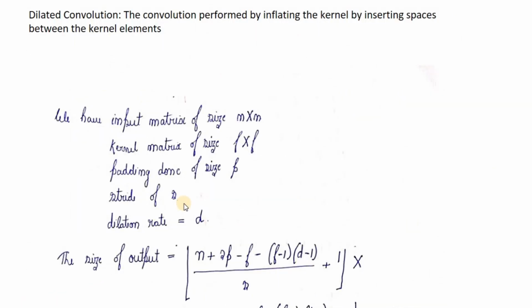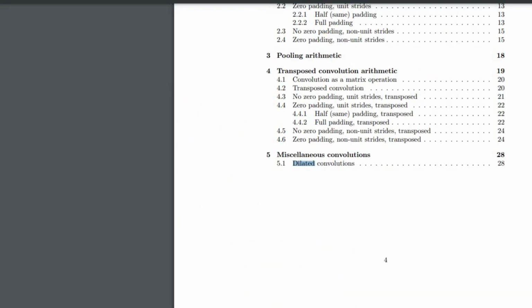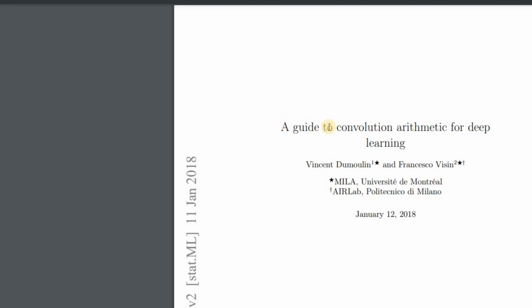So we will now proceed with one typical way of performing a convolution called the dilated convolution. It uses all the concepts of strides, padding, kernels that we have learned till now. But to understand this concept completely, I followed this paper on a guide to convolutional arithmetic for deep learning.